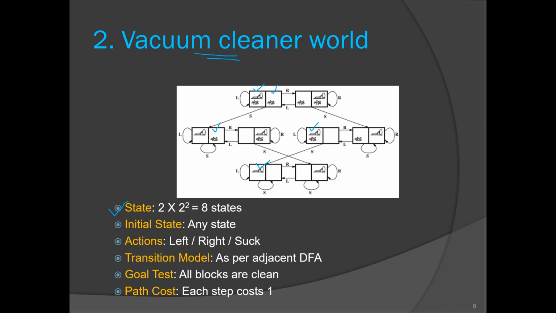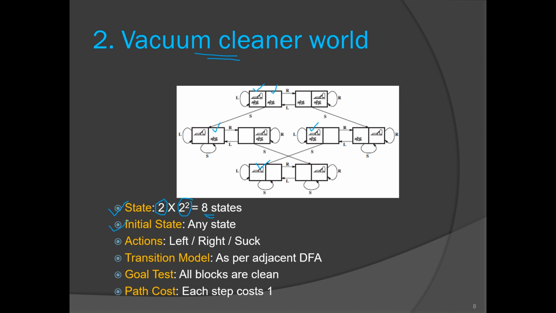So this is 4 states possible, and our vacuum cleaner can be present in block A and block B. So multiply by 2, that means 8 states are possible. So 4 combinations for dust and 2 combinations for the placement of the vacuum cleaner. So total 8 states are possible.